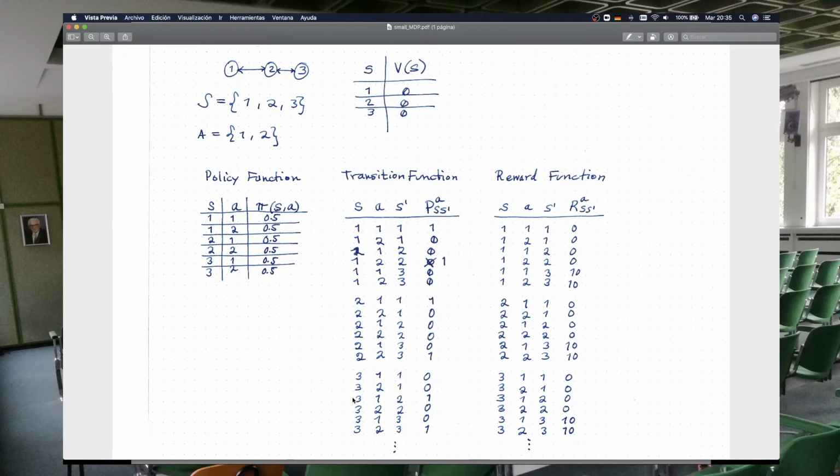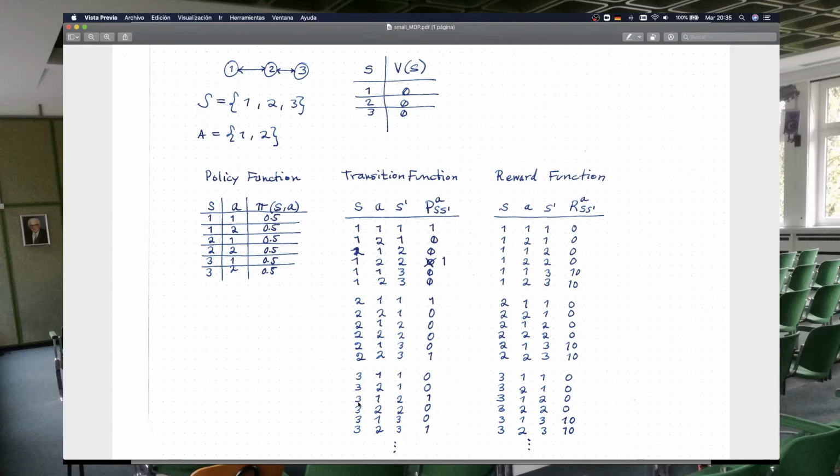And the last block we have, if you are in state 3, you apply go left, the probability of moving to state 1 is 0. Okay, the next one is also 0. Then we can check the possible movement.